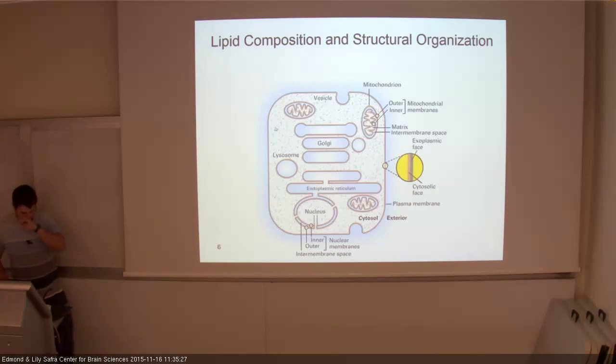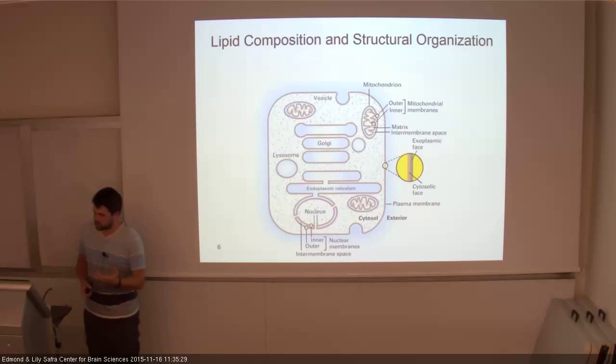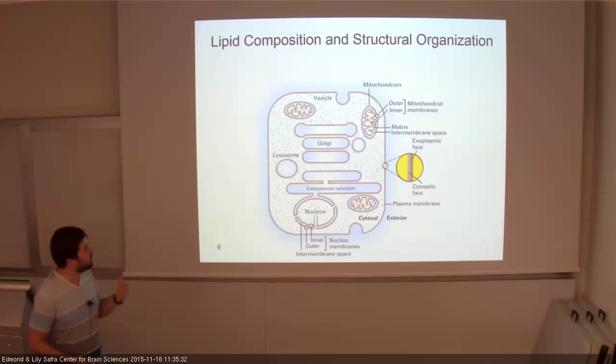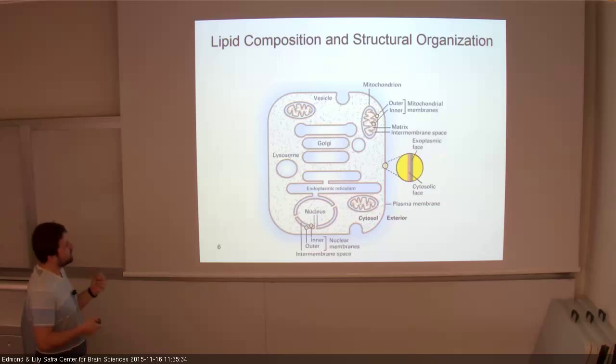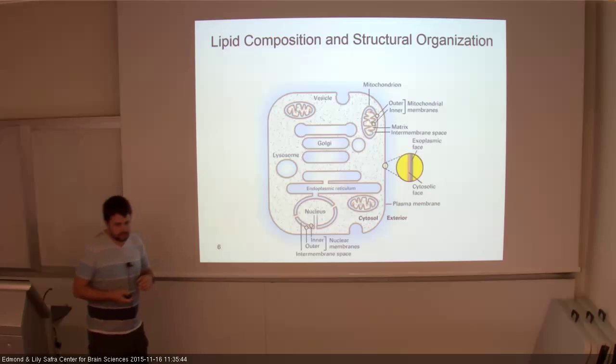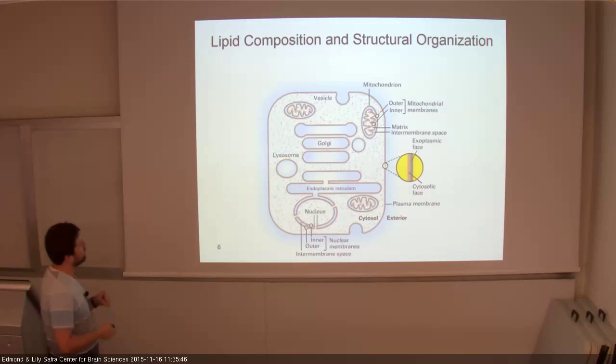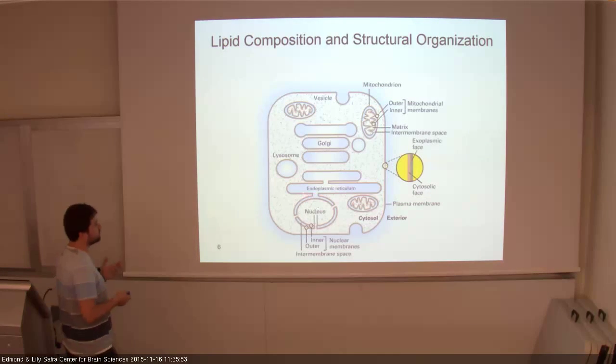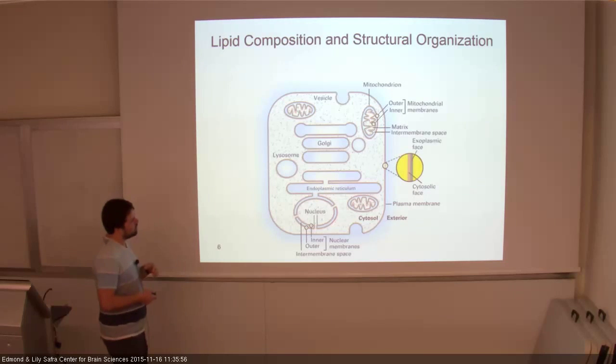Okay. So when we talk about organelles in general, we need to also define what we term the exoplasmic or extracellular face of the membrane, and what is the cytosolic face of the membrane, because the two are not equal to one another. And this is an illustration of the main organelles that we have in the cell. In general, the nucleus is surrounded by two membranes.